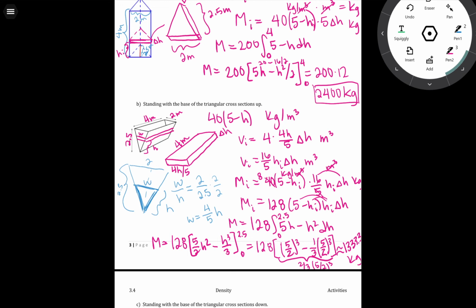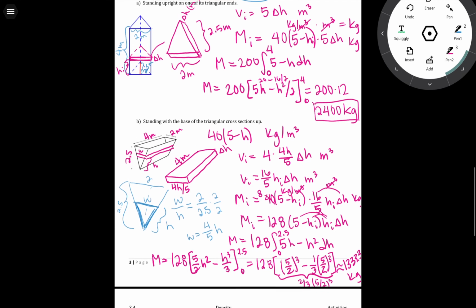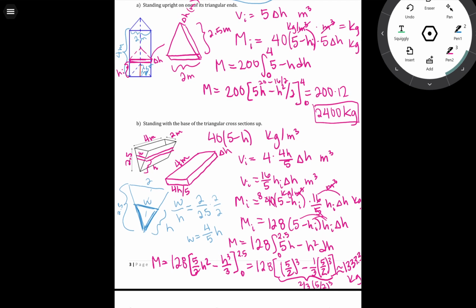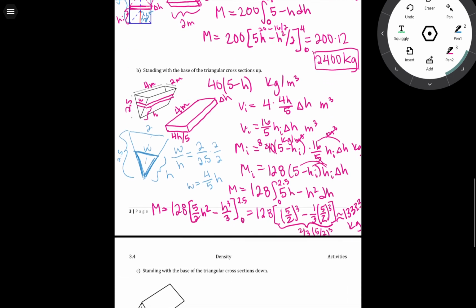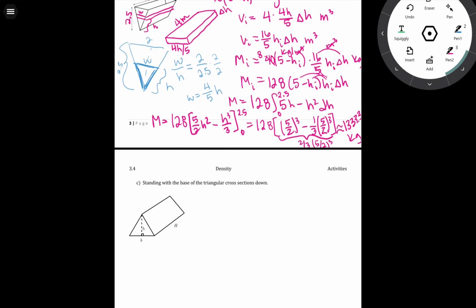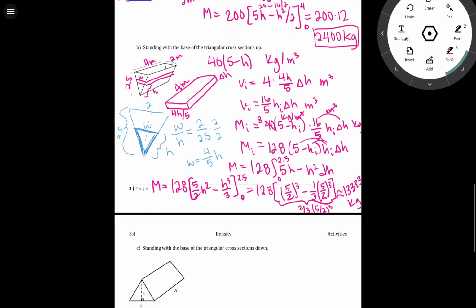I wonder if I lost a factor too. Let's check the last one and we'll see if it makes more sense. I guess that strip at the bottom is very skinny, so that's probably what it is, whereas the one up above had that nice flat triangular base. I'm anticipating we should definitely get more from this one since we have the highest density at the bottom. The bottom of this one is a lot bigger than the bottom of part B.